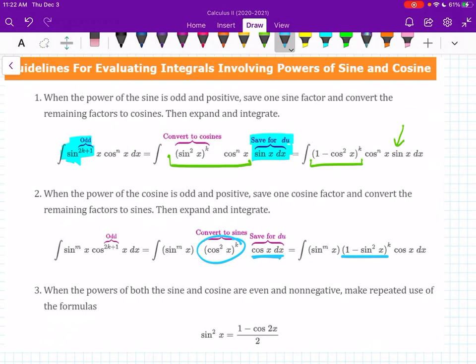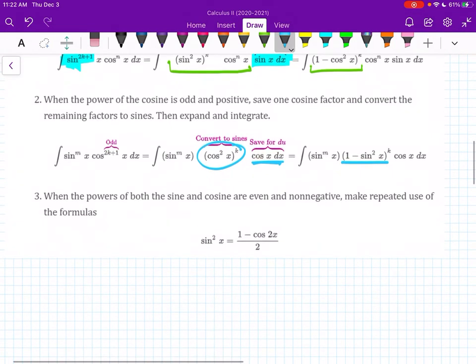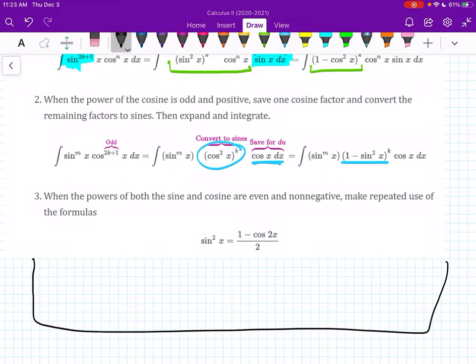And then when both the powers of sine and cosine are even and non-negative, we're going to make repeated use of those power reducing formulas. Oops, I forgot to include the rest of the box here. Okay, I will make sure it is included on the notes that I upload.